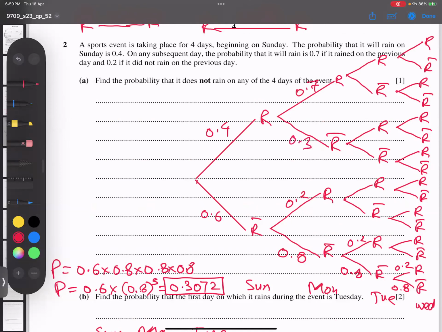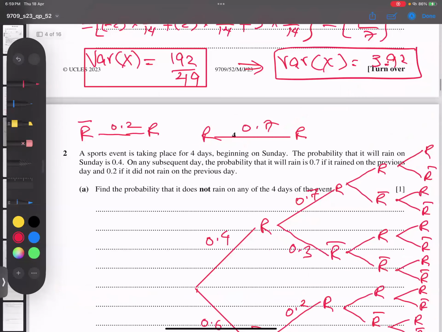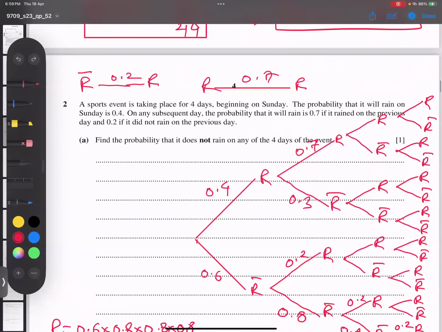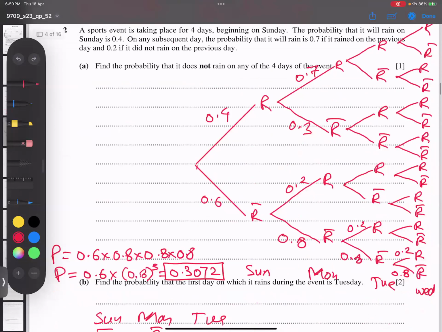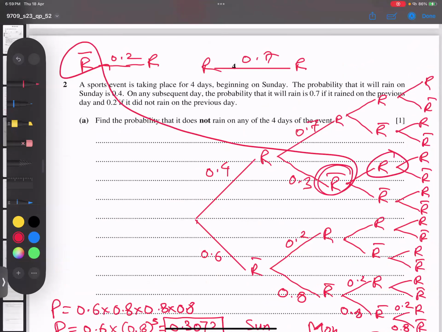So I think it is clear. And one thing you know very well, students: when the previous day is no rain, the chance of the next day being rain is 0.2. So for example, he talks about this branch, right? One diagram making will help in all parts. So what is the chance here? Previous day no rain, and next day rain.